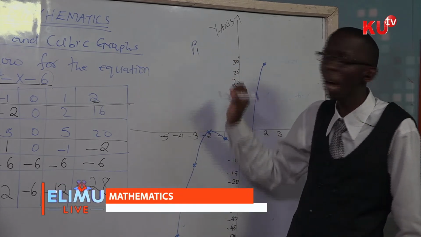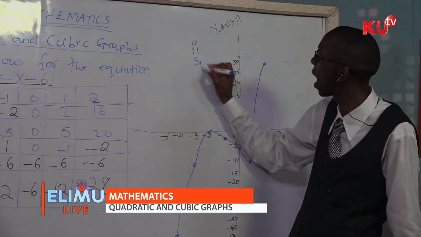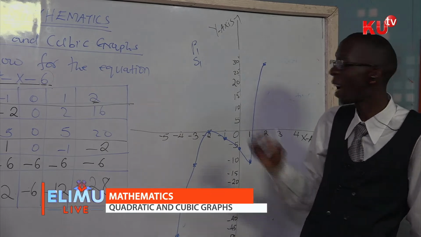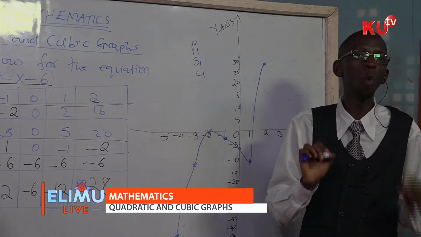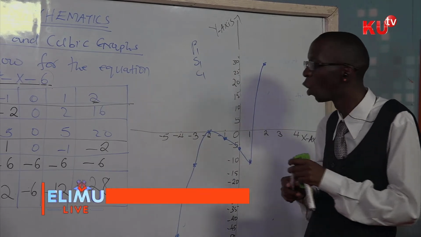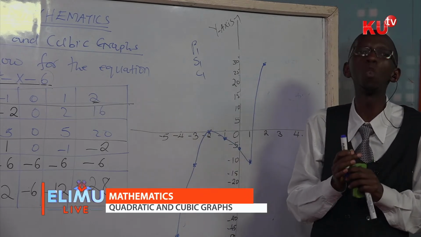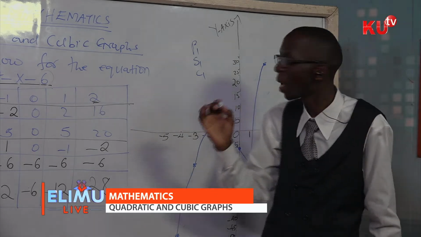Your graph must be smooth, because the marks awarded in a graph are: we have P1, that is 1 mark for plotting. We have S1, 1 mark for the good scale that you have chosen. And C1 is 1 mark for a smooth curve.